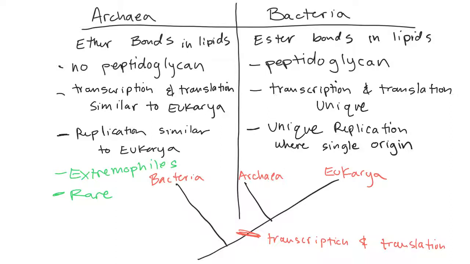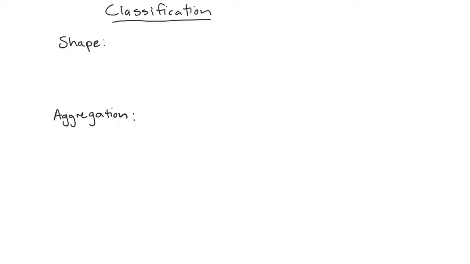Okay, beyond this very specific instance where we're talking about these differences, any other time when we refer to bacteria, we're just referring to this group. Unless archaea is specifically mentioned, then bacteria is assumed. Okay, so with bacteria, we can classify them based on different characters. So I'm going to draw some shapes, and you're going to tell me what this is, right?